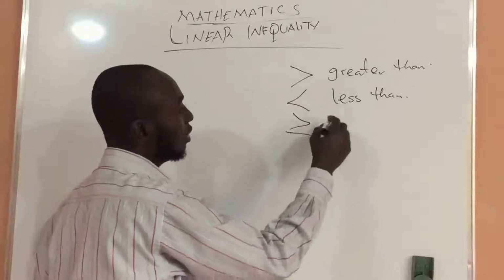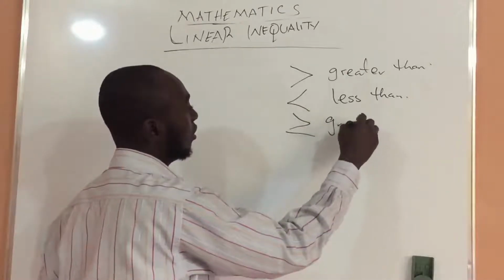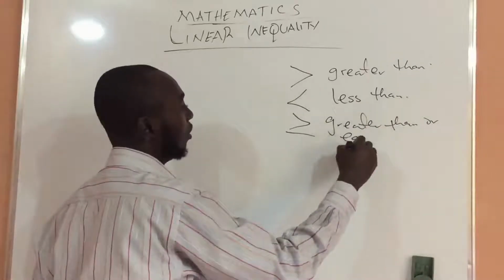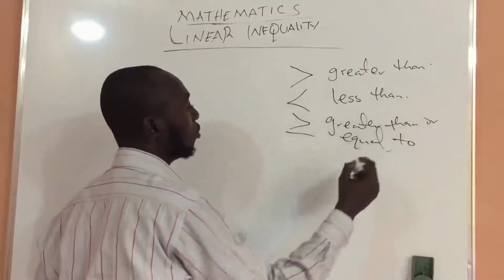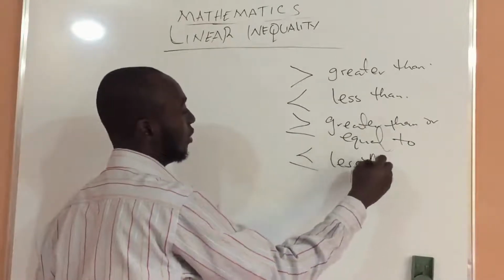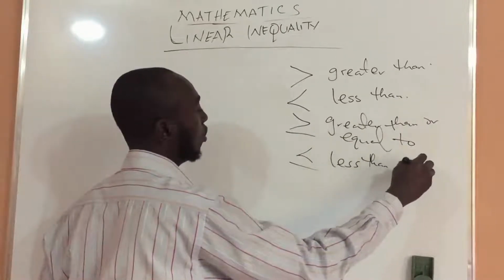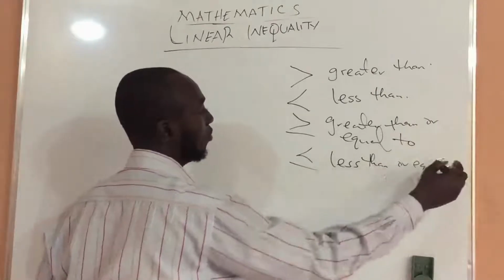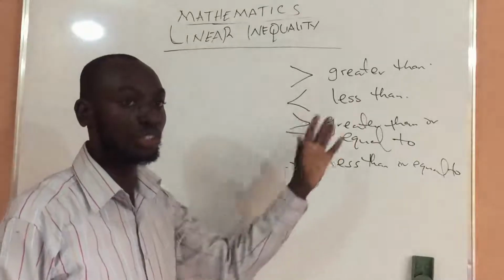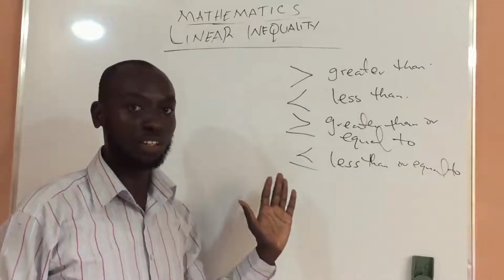This is greater than or equals to. When you have this, it is less than or equals to. These are the symbols you'll be making use of when solving linear inequalities.